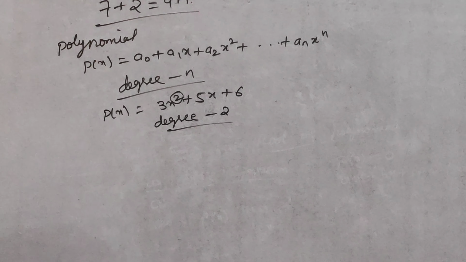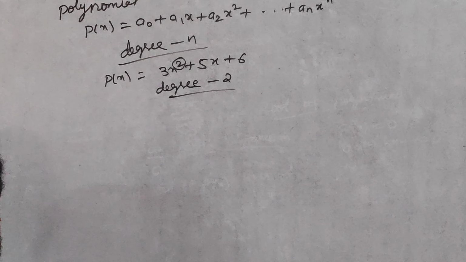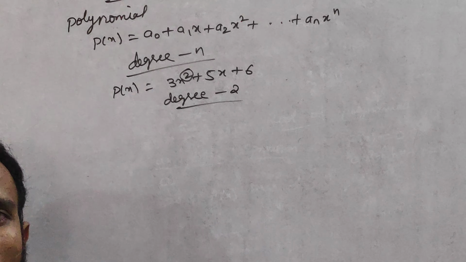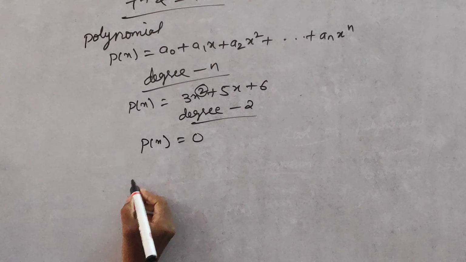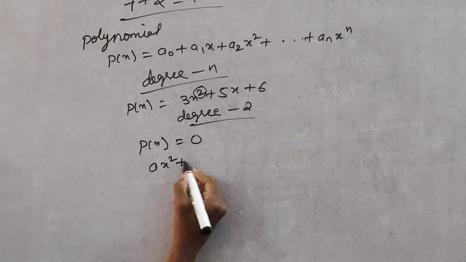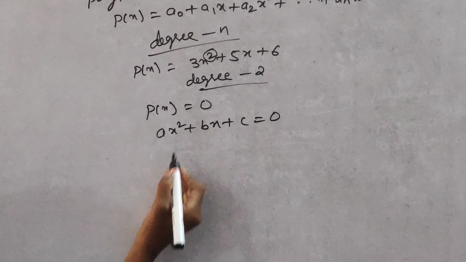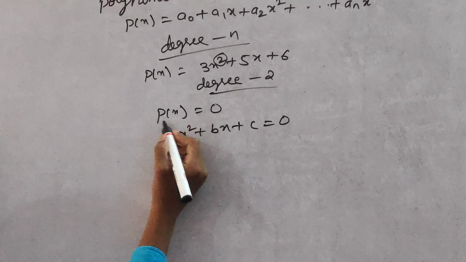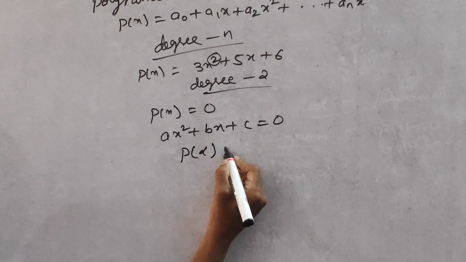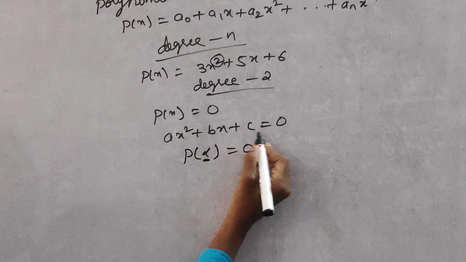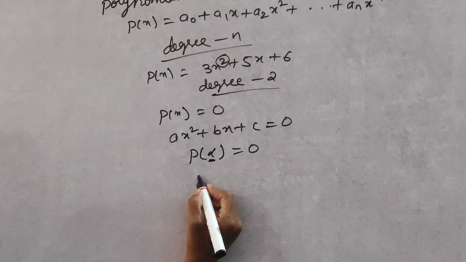So this is a polynomial, and in this chapter we have polynomial equations. What does a polynomial equation mean? P of x is equal to 0, for example ax square plus bx plus c is equal to 0. If P of alpha is equal to 0, that means alpha satisfies this equation, then alpha is the root of this equation.